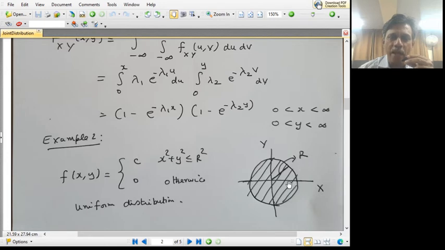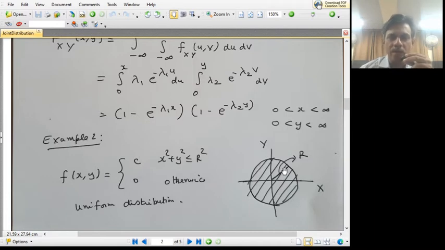The value taken by x lies between minus r and plus r, where r is a given constant. Similarly, y lies between minus r and plus r, but again there is a restriction that there is a circular region with center at the origin, and the value taken by x comma y should lie within this circular region.